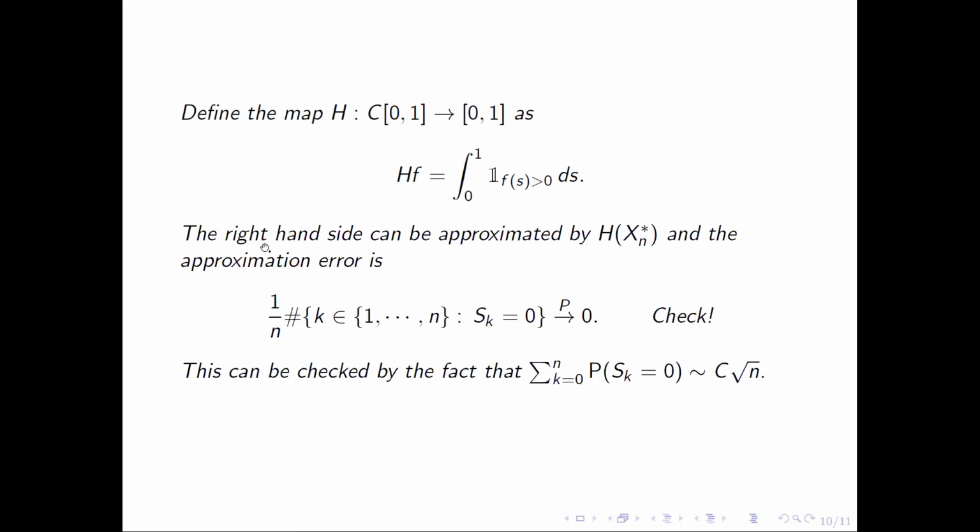So before coming to whether this is a continuous functional, we want to see what happens if you apply it on h of Xn star. Note that Xn star is the linear interpolation of the random walk.